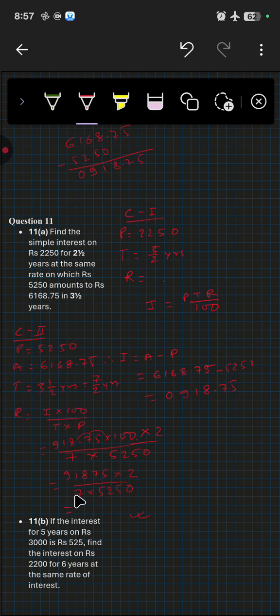Table of 5 or table of 7 can reduce it. 5 ones are 5, 5 eights are 40, 5 threes are 15, 5 sevens are 35, 5 fives are 25. Again 5 can reduce it.